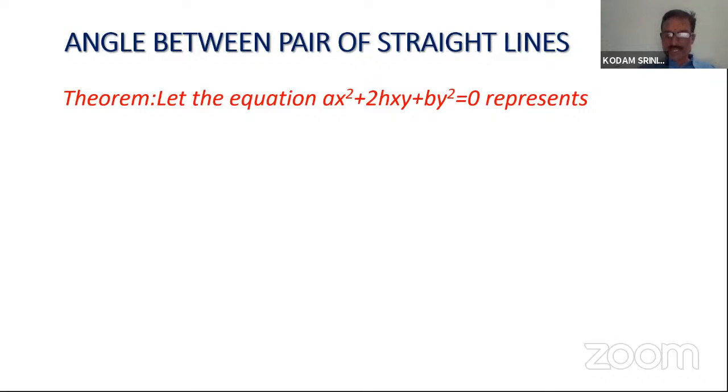Here also we are going to get the angle between the pair of straight lines in the form ax square plus 2hxy plus by square equal to 0.